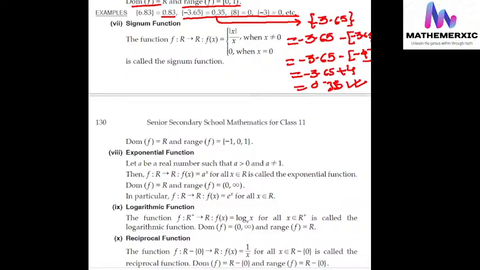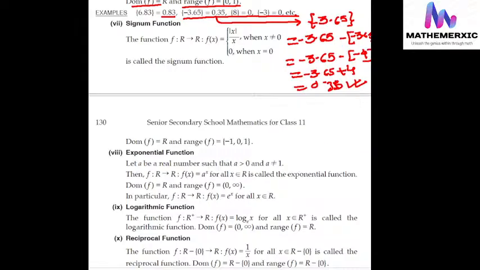The signum function has a property here also. The domain of the function is R and the range is negative 1, 0, 1. Whenever x is not equal to 0, let us say we take 2, then 2 by 2, again 1 will become the answer.